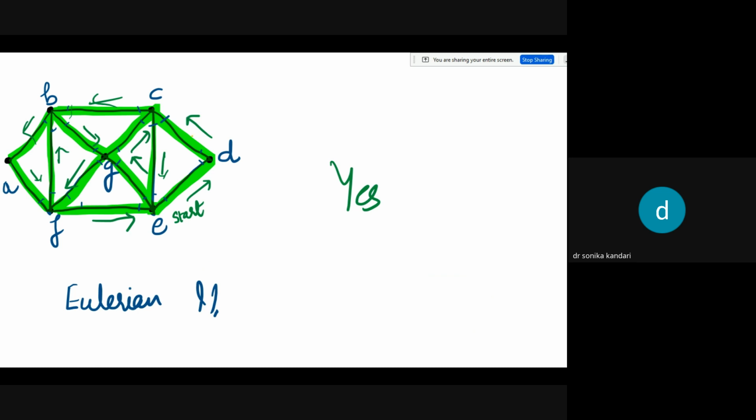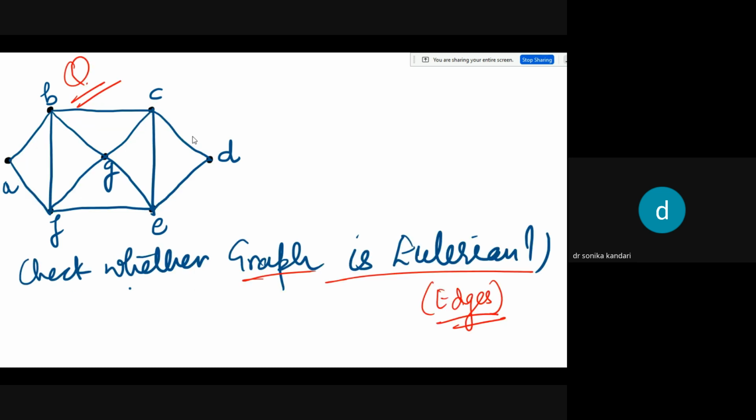So how do we find out whether a graph is Eulerian or not? We start traversing. Suppose we started from D. This edge is covered. Then again you move through the diagram. You move through B, from B to F, from F to A to B. You have to see that each edge is covered once.